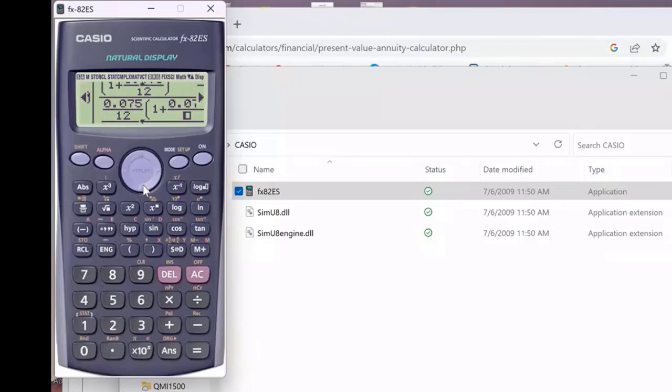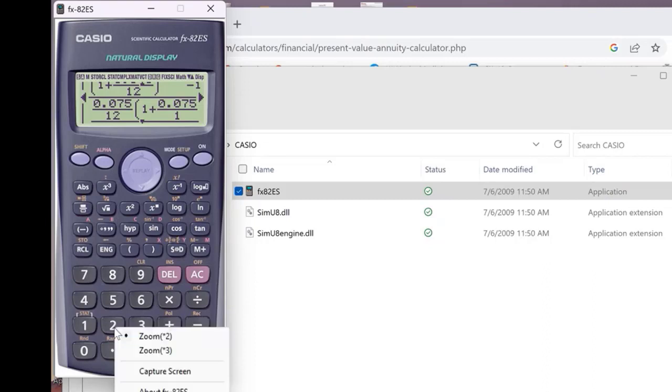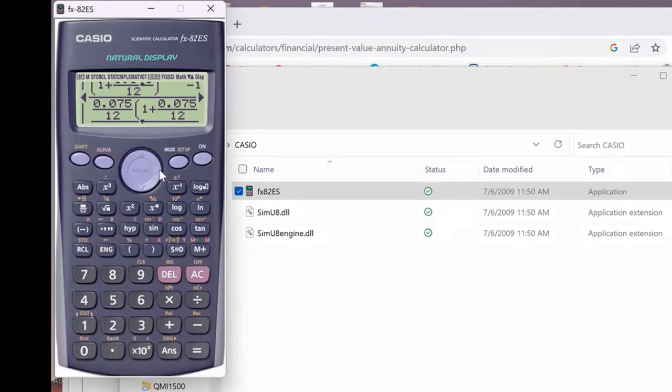I've got this, which is 12, and I need to close brackets to the power 108.